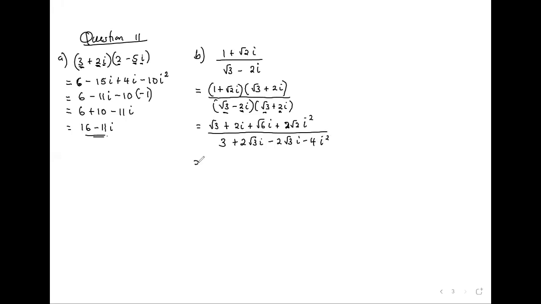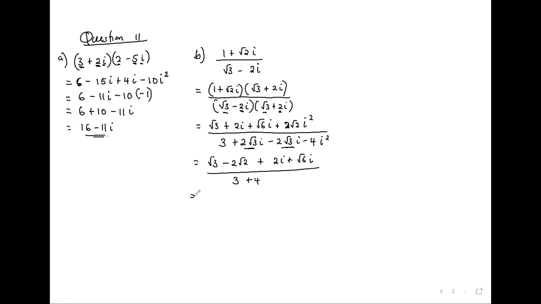Then we simplify. So we'll have root 3. i squared is negative, so negative 2 root 2 plus 2i plus root 6 i, over this minus this one, we get 0. So we'll have 3. i squared is negative, so negative times negative there, we get positive 4.